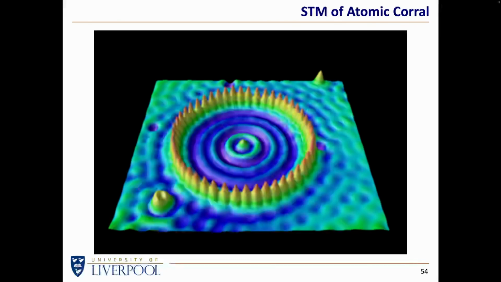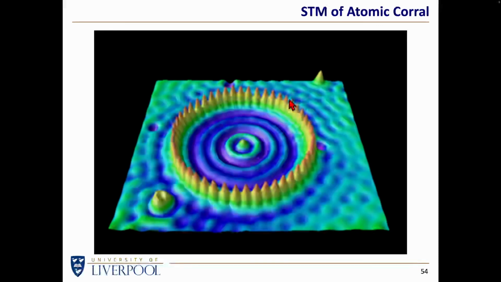The penultimate image I want to show is this one, which summarizes the degree of confusion as to what's going on in the quantum world. Here, the people who've generated this image have taken a collection of atoms and arranged them in a circle, a corral if you like. And so what we have is this image which is sort of like a mountain range and something inside that range of mountains.